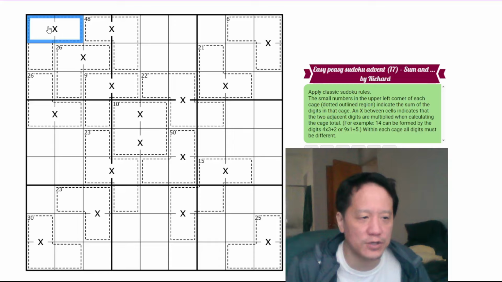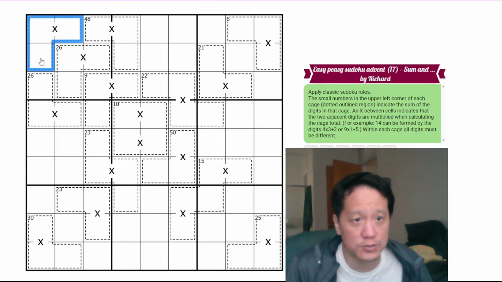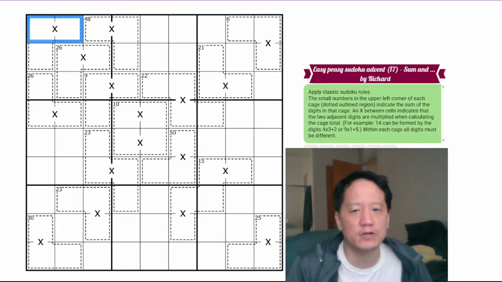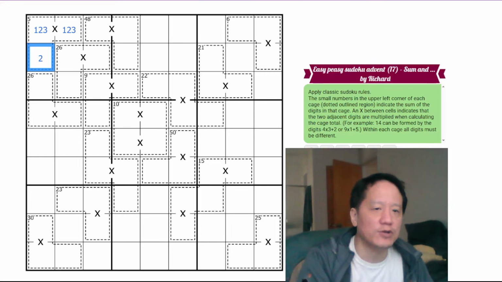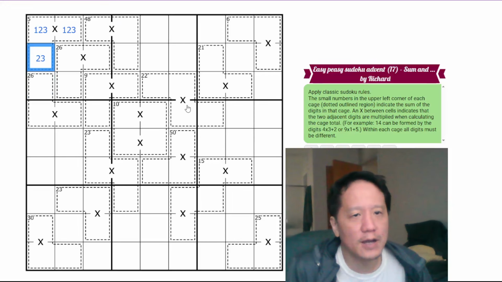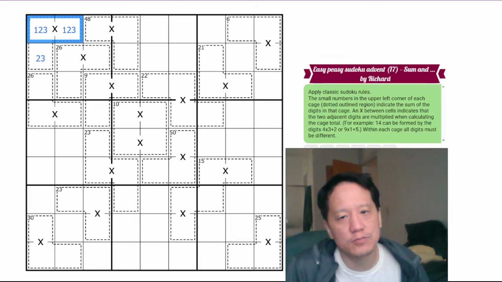And the answer is no. Because if you don't have a 1 here, the minimum to multiply together is 2 times 3, which is 6, which is greater than what this cage can sum to. So we're guaranteed 1 here. 1 times 4 doesn't work because it would add up with 1 to add up to 5. So this must be 1 times 2 times 3, and then we have 2 and 3 here. That means we're guaranteed a 1 here.